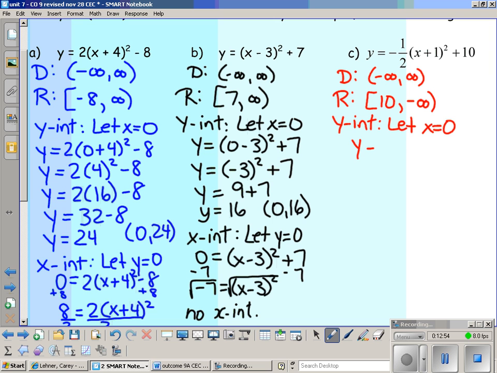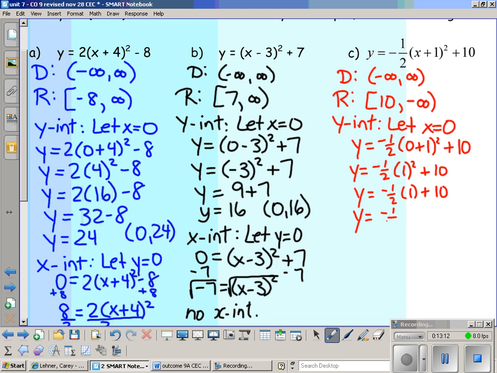So we'll have y equals negative 1/2 times 0 plus 1 squared plus 10. So we'll have 1 squared, which is 1. Multiply together, you'll get negative 1/2. And you end up with 9.5. So your y-intercept is at 0, 9.5.